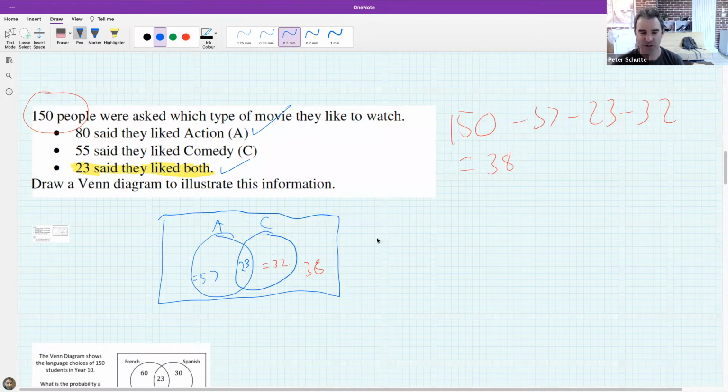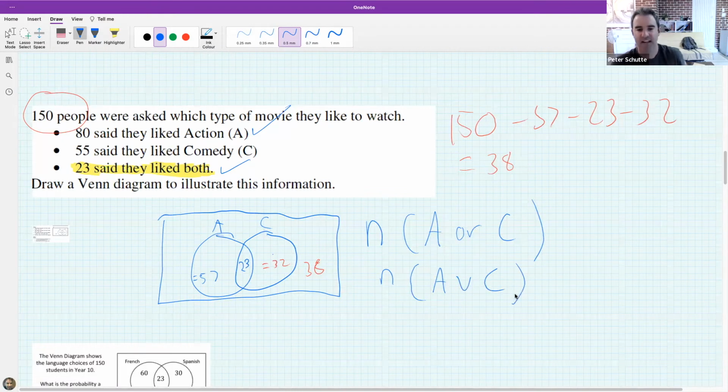Let's see how well you've understood things today so far. If I say to you, what is the size of n of A or C? Another way of writing that would be A union C. N just means the size or the number of items, and then A or C, what's that going to be?